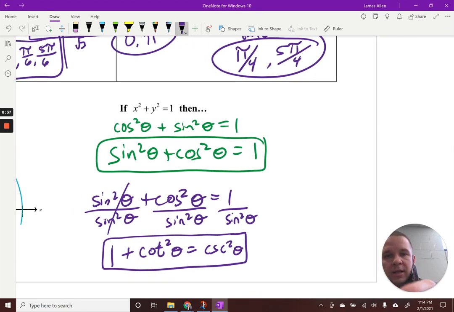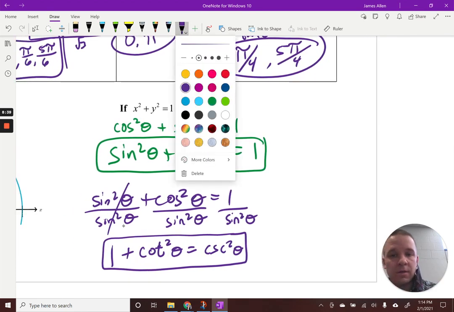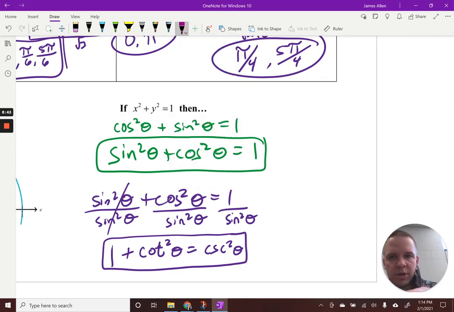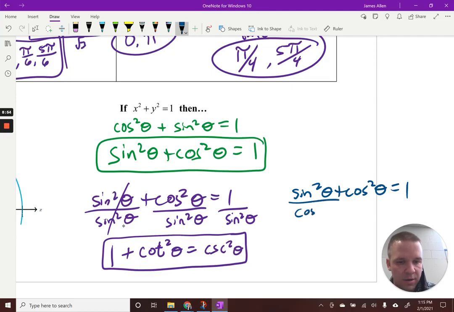Okay? And then the last one we do is why don't we divide everything by cosine. I'll use a lighter purple. Actually, no, I'm going to go blue. All right. So if I take sine squared theta plus cosine squared theta equals 1, and I divide everything by cosine squared theta. So again, this is still algebraically equivalent, right?